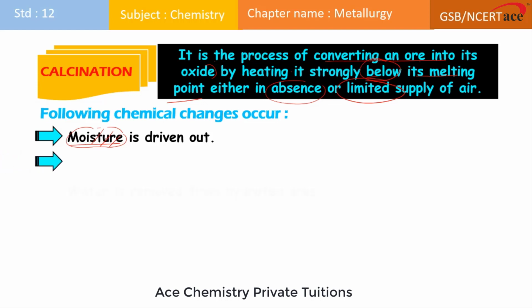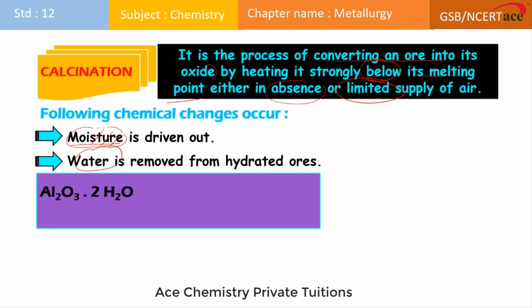Second thing, the water is removed from the hydrated ore. Let's take an example, student. If you see Al2O3.2H2O, along with the Al2O3 there is a dot 2H2O. This dot 2H2O is indicating water of crystallization.